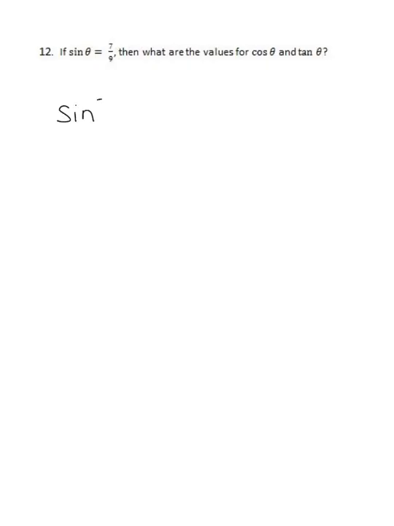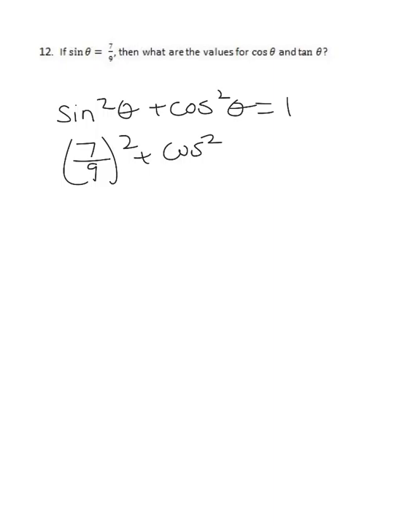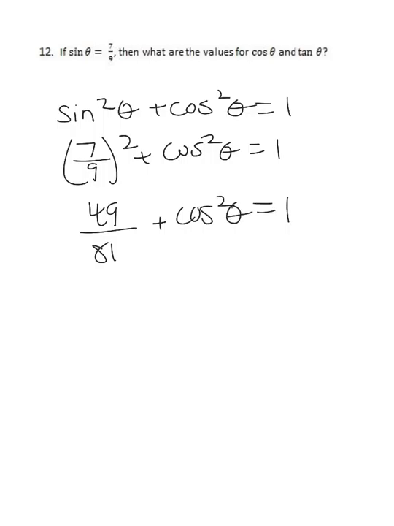So sine squared of theta plus cosine squared of theta is equal to 1. So I know the value here is 7/9. I'm going to square it. So we get 49 over 81. So let's subtract 49 over 81 from both sides.